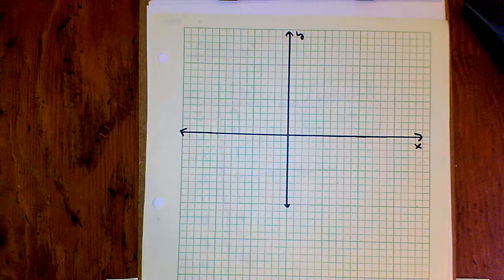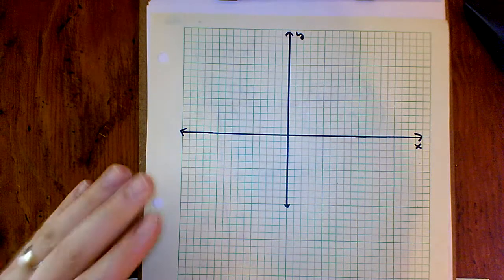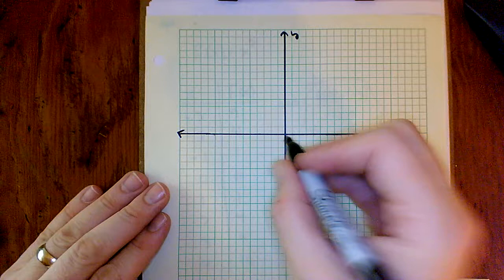And here we go. Let's go ahead and graph this puppy. No puppies were harmed in the graphing of this parabola.